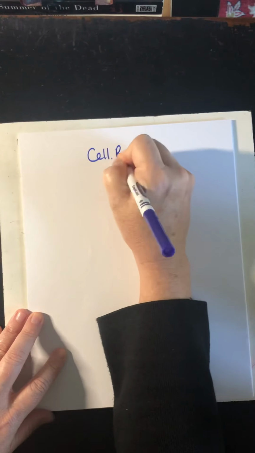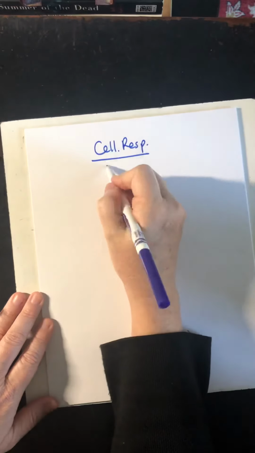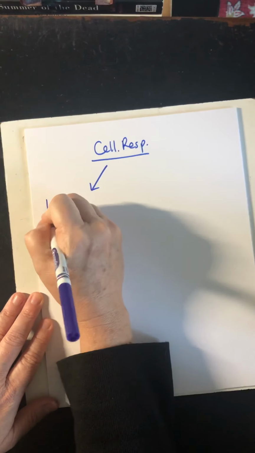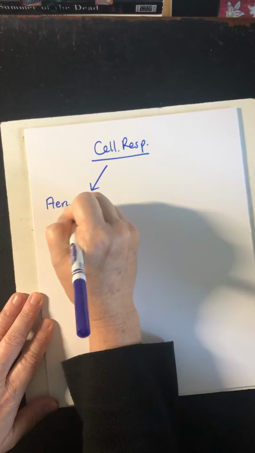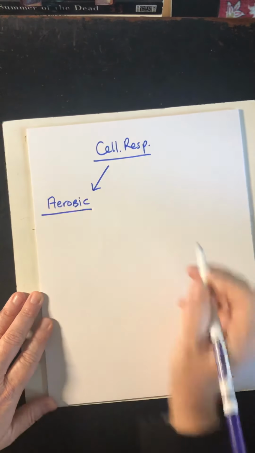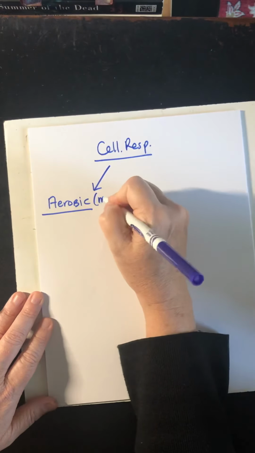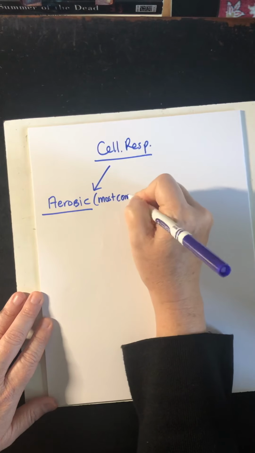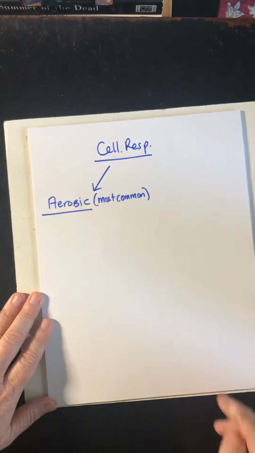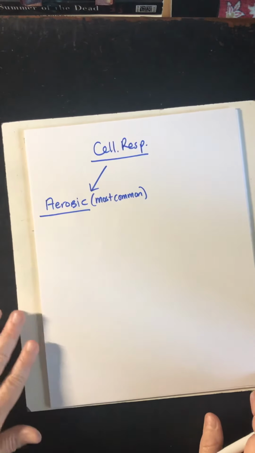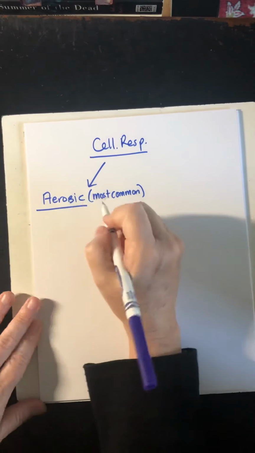All right, so cellular respiration. We're going to talk mainly about aerobic, okay? Because aerobic is most common, and this is how most species do respiration, and this is also, we'll put preferred.